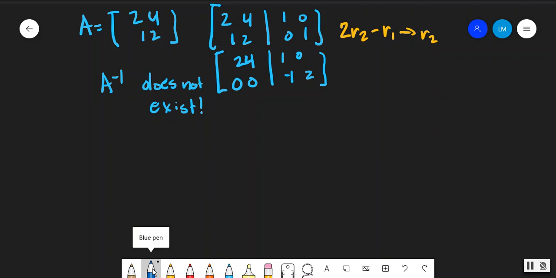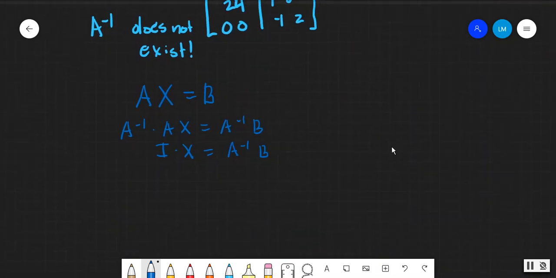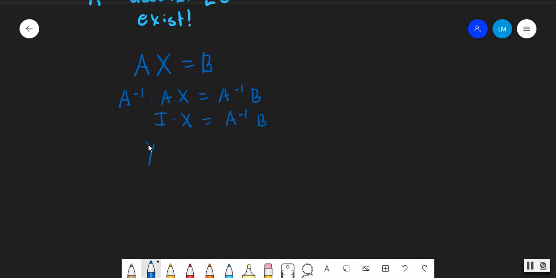Let me tell you that if we have a matrix A and another matrix X, and this is equal to B, and we multiply by the matrix inverse, if it exists, on both sides of the equation, that would mean I multiplied by X equals A inverse of B. So notice that X is equal to A inverse of B. That means the solution to any system of equations is just going to be A inverse times B.